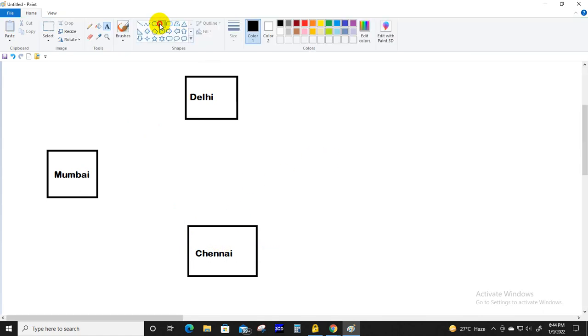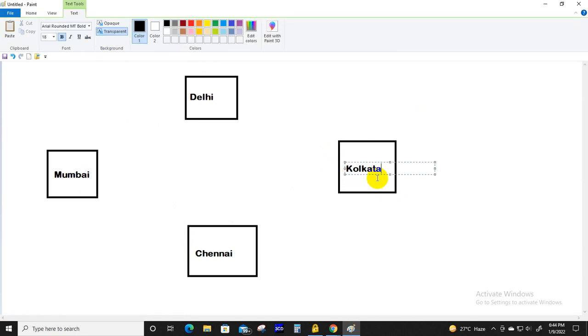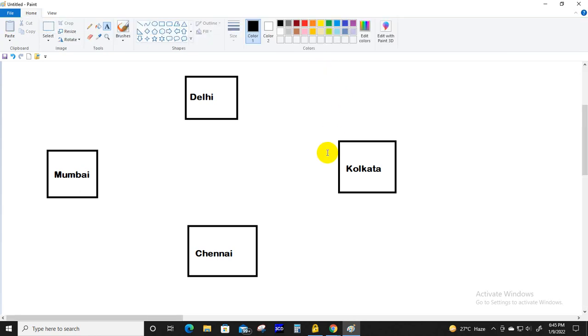And we have an office in Kolkata. So in Delhi, this is a LAN in Delhi. In Mumbai, this is a LAN in Mumbai. In Chennai, this is a LAN in Chennai. And in Kolkata, this is a LAN in Kolkata.